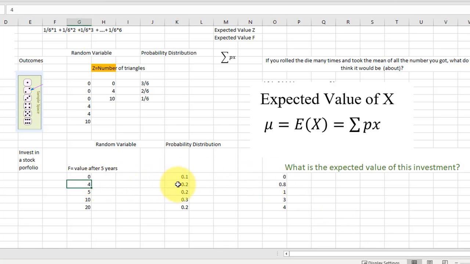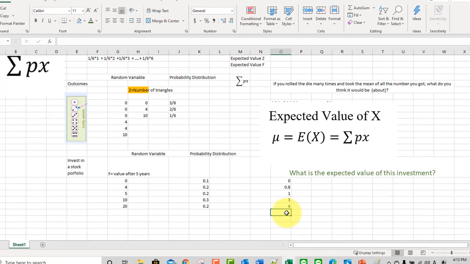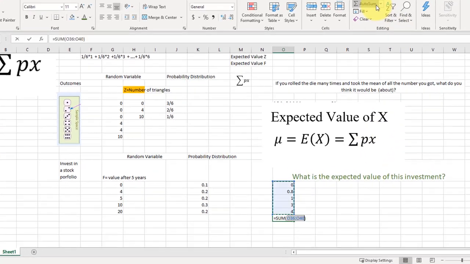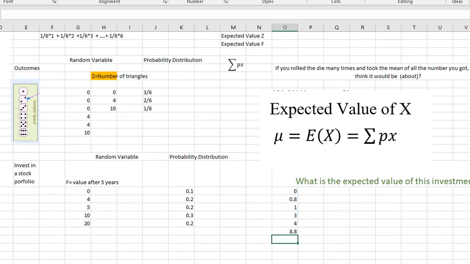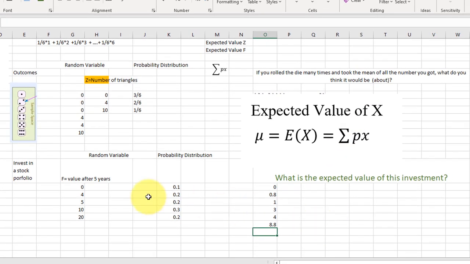We took this times this, we got that, and so on. And then we did each of these individually, then we have to sum them up. We have to sum this up. So let's use this. And so according to the experts, our portfolio after 5 years should be worth $8.8 million.